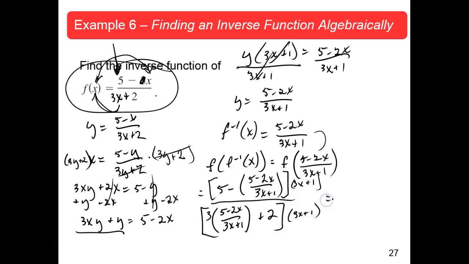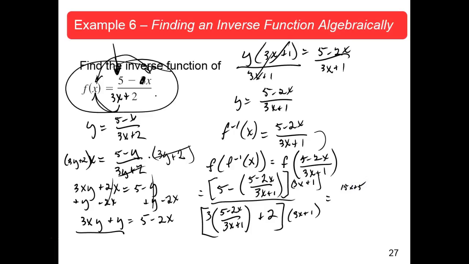Okay. Now this isn't quite as bad as you might be expecting. You distribute this, both terms. Multiply this by that, and what do you get? Let's just do it all at once. 15x plus 5. That's the beginning. Okay?